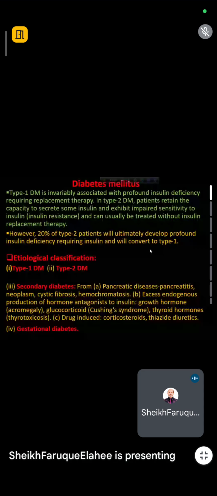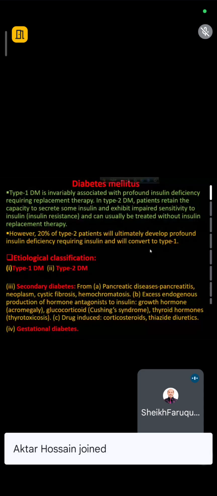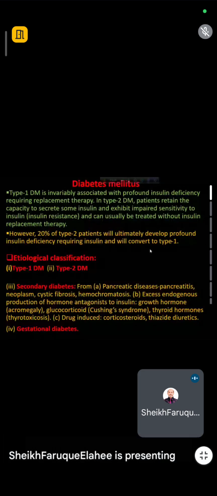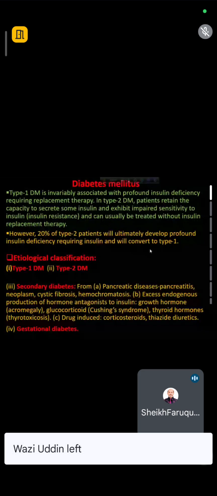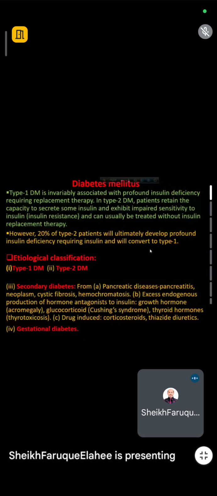So I told you that there is a classification of diabetes. How many types of diabetes? It is 4 types. We already told what is type 1 and what is type 2. Now another type of diabetes, third, is called secondary diabetes. What is this?